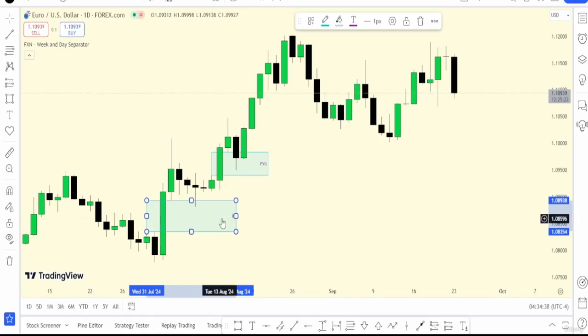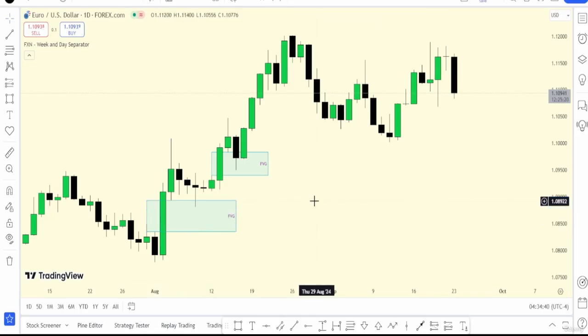I'll train all of them in this chart, in the daily chart, and it is not limited to the daily chart. You can also find them, or you can go and identify them in the 1 hour chart, 4 hour chart, all the time frames. You find fair value gaps.